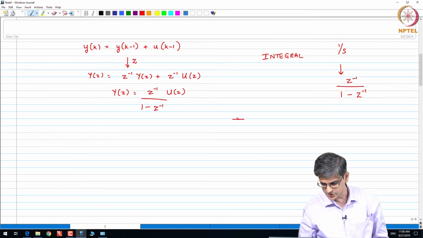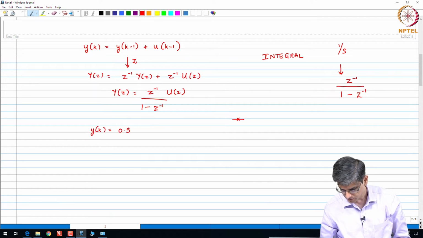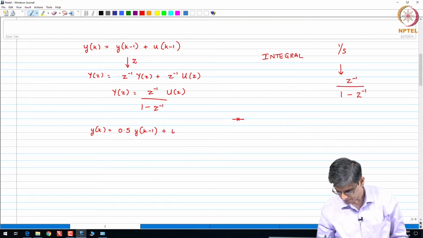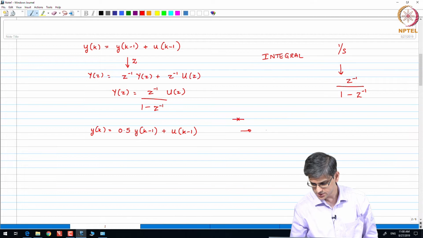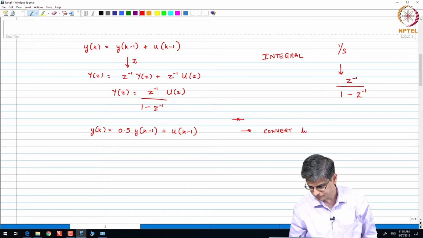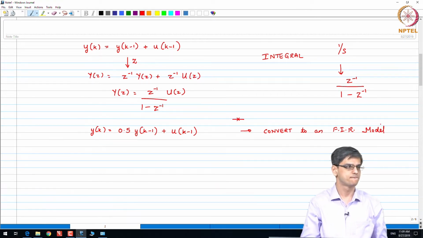Let us take another example. Can you convert this to an FIR model?